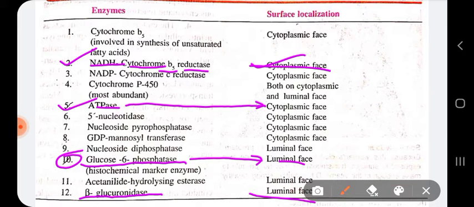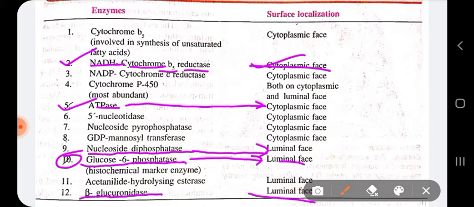Nucleoside diphosphatase, which is involved in biosynthesis of phospholipid, ascorbic acid, glucuronide, steroids, and hexose metabolism, is also found on the luminal face of the membrane.